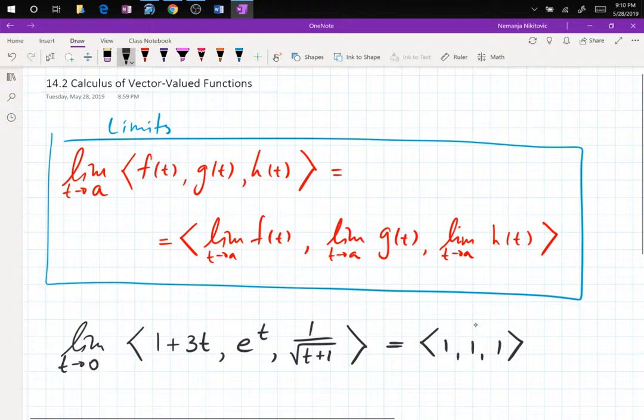Because 1 plus 3 times 0 is 1. E to the 0 is 1. And 1 divided by 1 is 1. So they're all ones.